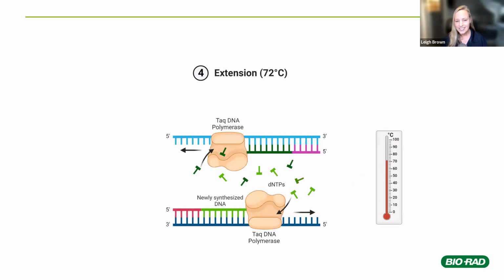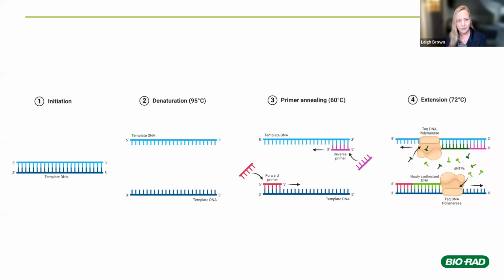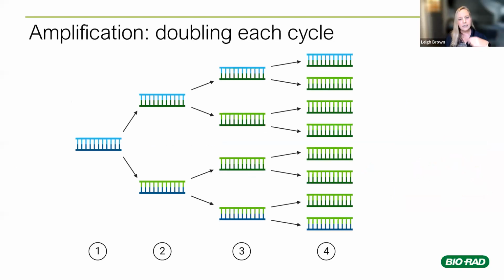This is the temperature that Taq polymerase likes to work at. And so Taq polymerase will get on and add all those dNTPs along that strand and synthesize a new strand of DNA. Okay, and so here's kind of that whole process, looking at that all at once. And in theory, we're going to get a doubling every cycle, right?